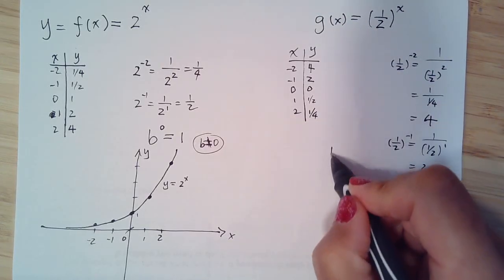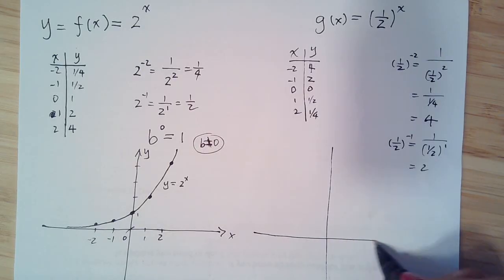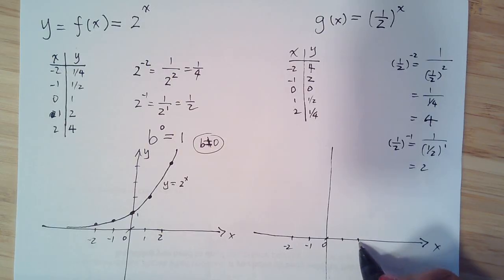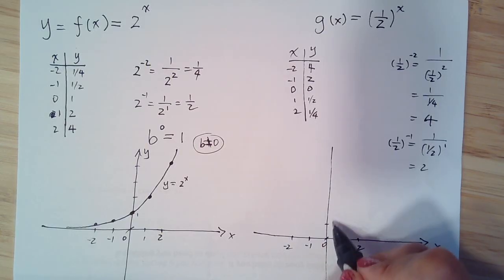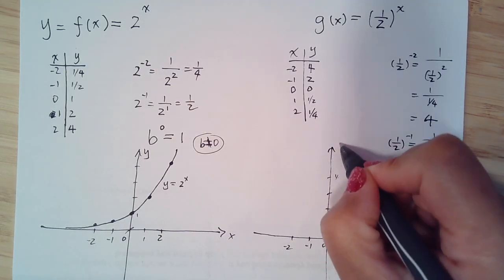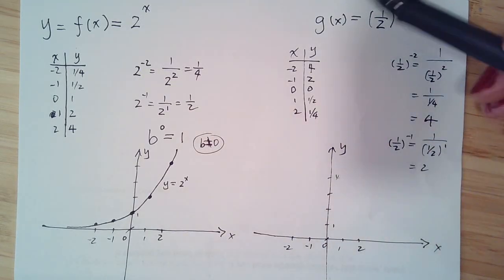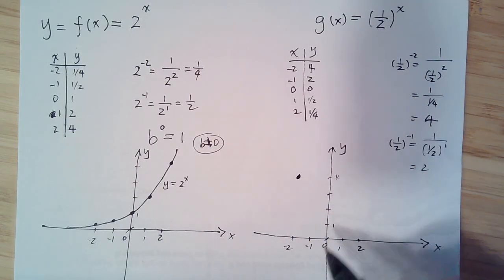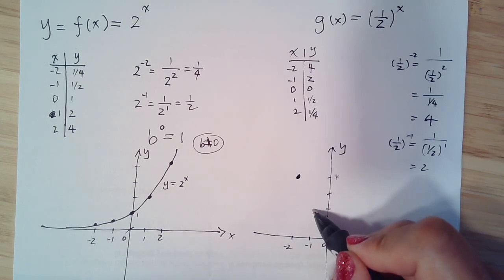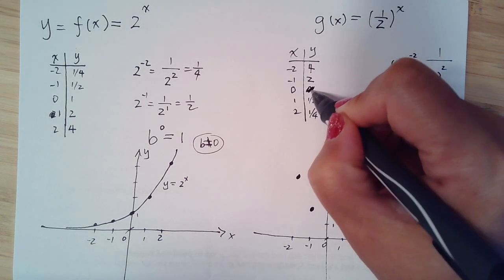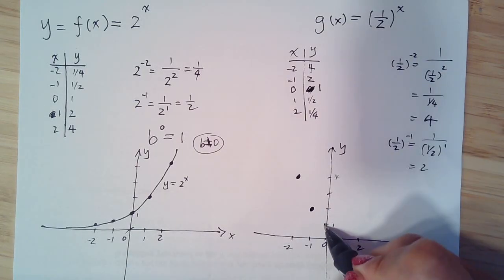Now let me graph that. X: negative 1, negative 2, 0, 1, 2, and y: 1, 2, 3, 4. When x equals negative 2, y is 4, so that is this point. When x equals negative 1, y is 2. When x is 0, y is 1.